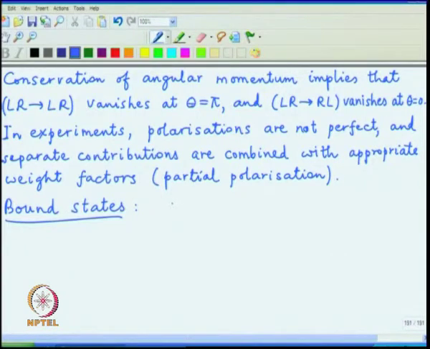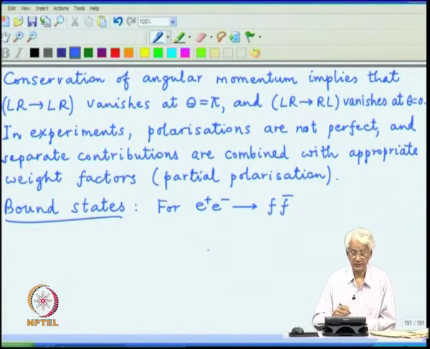And generically, for processes involving a particle and an antiparticle, there are bound states just below the threshold, because particles and antiparticles with opposite charges end up attracting each other.